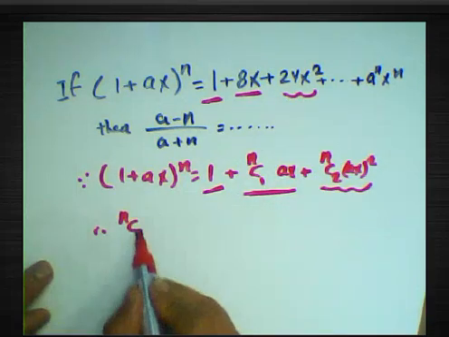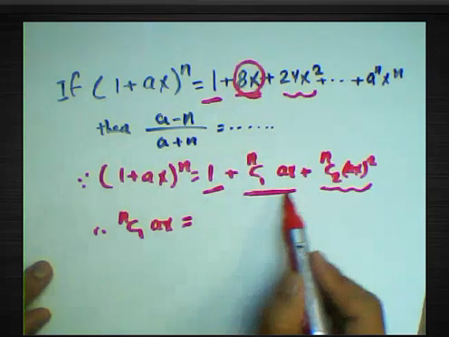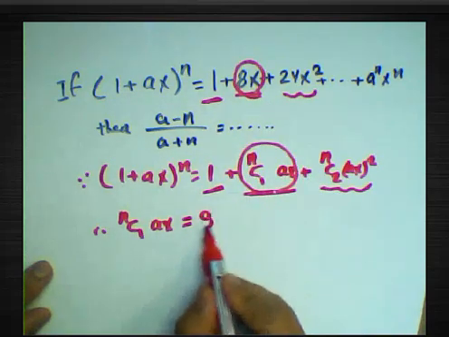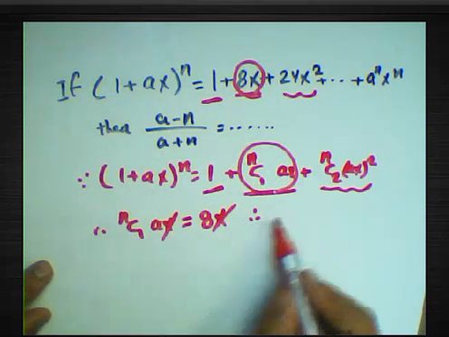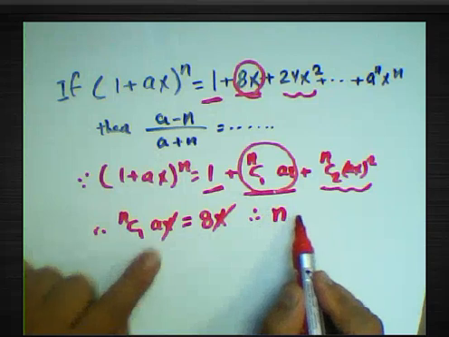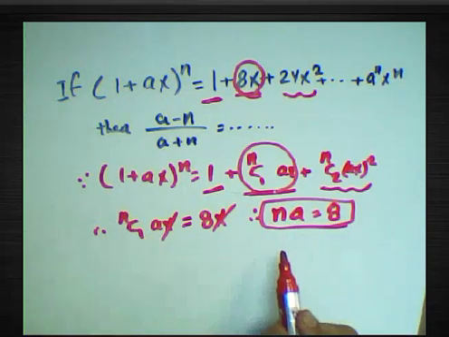Then n coefficient 1 ax will be equal to 8x. We can cancel x by x, then n combination 1, meaning n, multiplication a equals 8. It's the first relation between them.